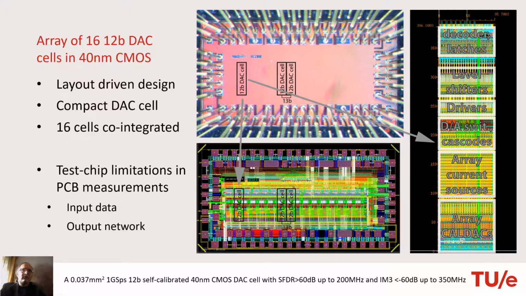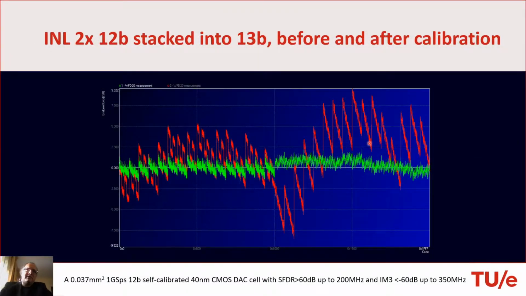DAC. What this means is illustrated here with this INL. So you see here the pattern of a single DAC cell, and we stack on top of it the other. You see that they're different D2A converters, even though they are adjacent to each other, and their gain errors are different, and their pattern here in the binary current errors are different.